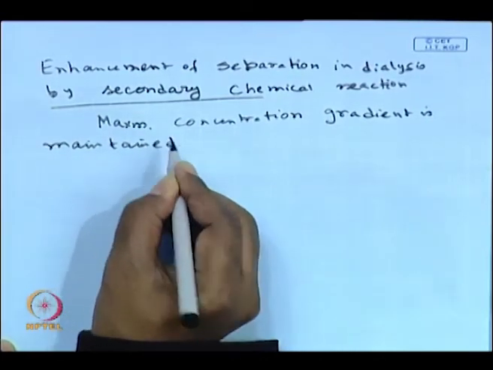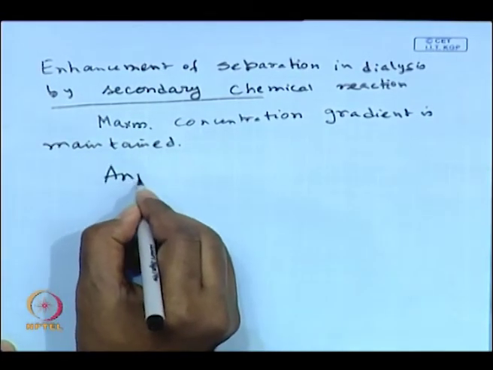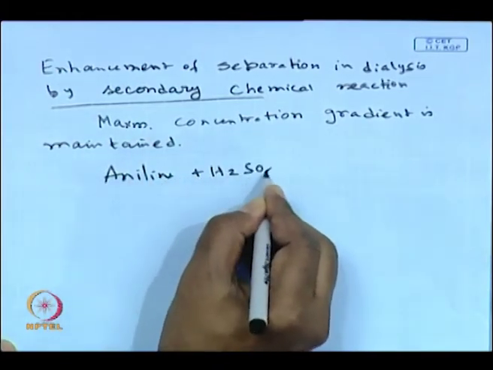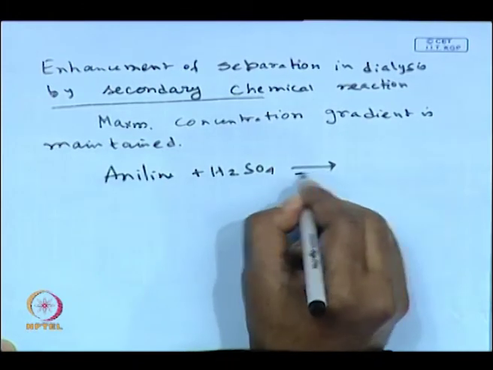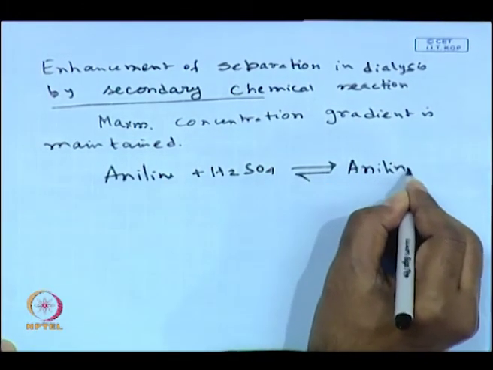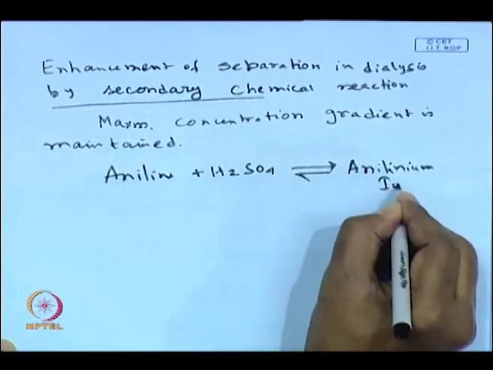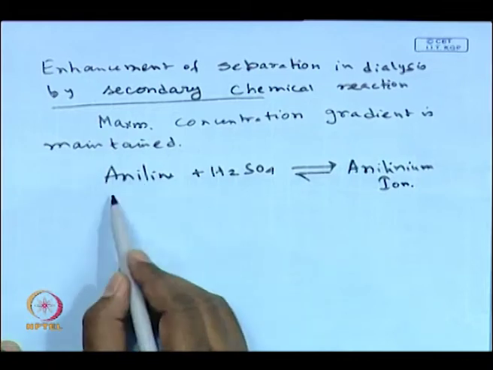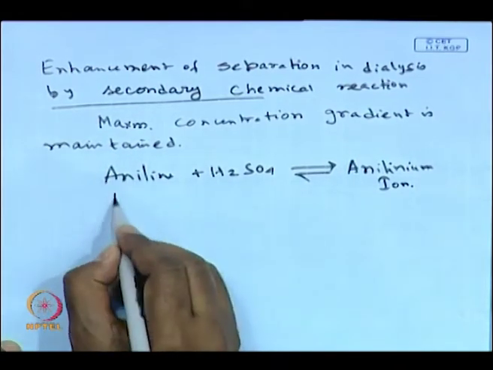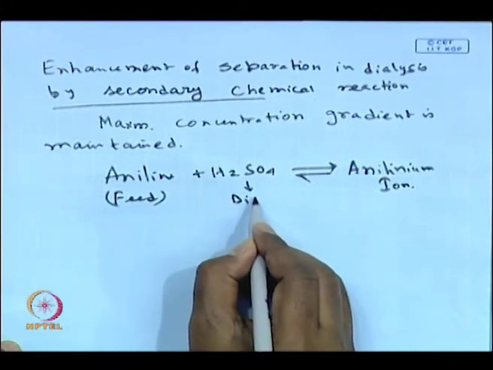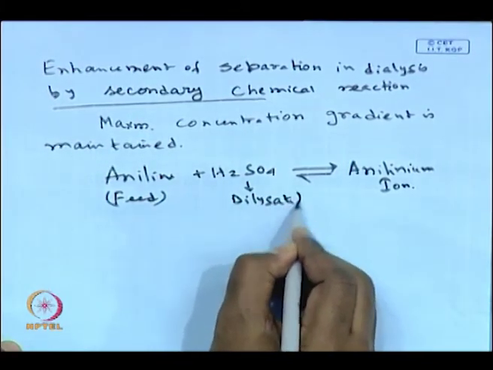I will just take up one example. Aniline plus H2SO4 gives you the anilinium ion. It forms a complex. If you would like to remove aniline from the feed side, aniline is there in the feed side, and in the dialyzed side you will have sulfuric acid solution.